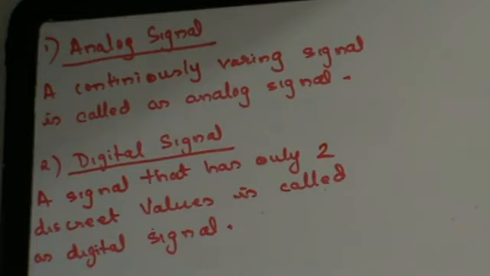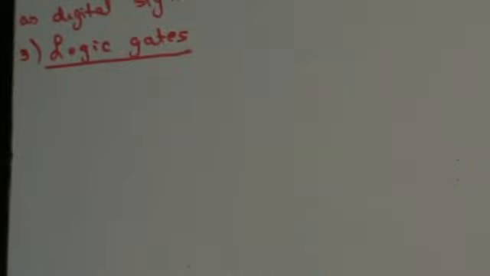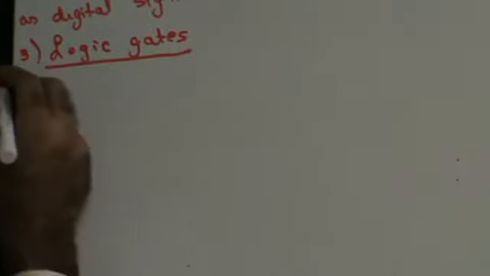Fine. Next, what do you mean by logic gates? Logic gates are designed for two-state operation, either high or low. They are nothing but digital circuits. So, what are logic gates?